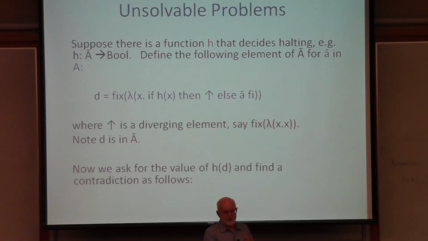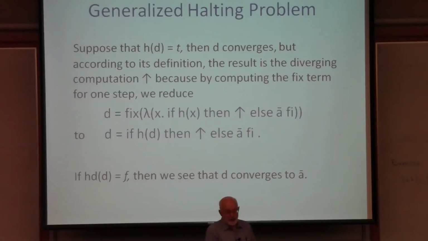And if H is false of the input, it will be some converging term. This A bar is just something that terminates in A. So think of the natural numbers. A could be 0, then it converges.